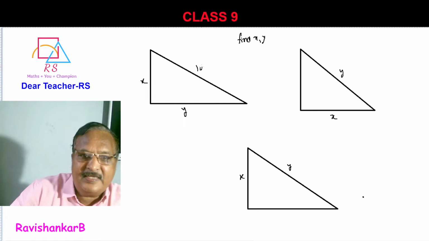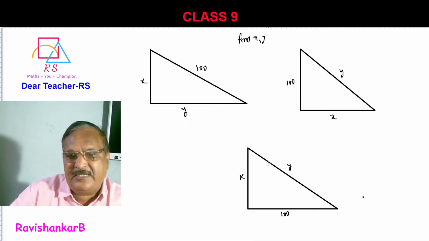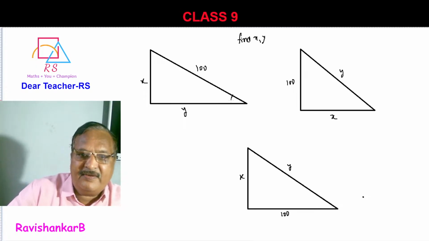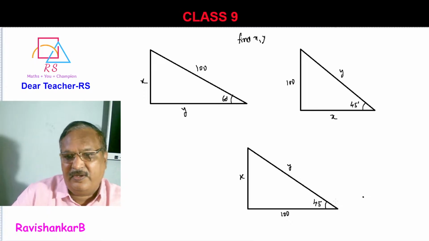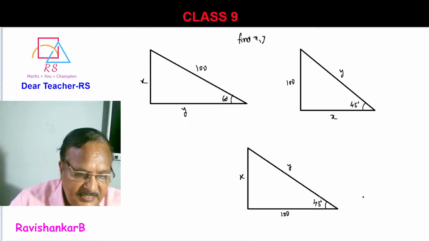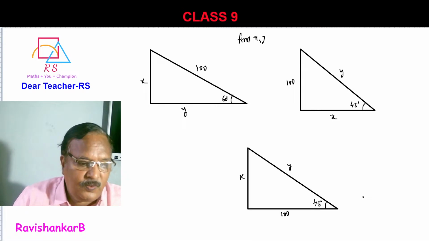In all of them I will give you 100, 100 units, you can put it as meters. In this I will give you 60 degrees, and in the others I will give you 45 degrees. Using these three problems you can practice finding x and y.